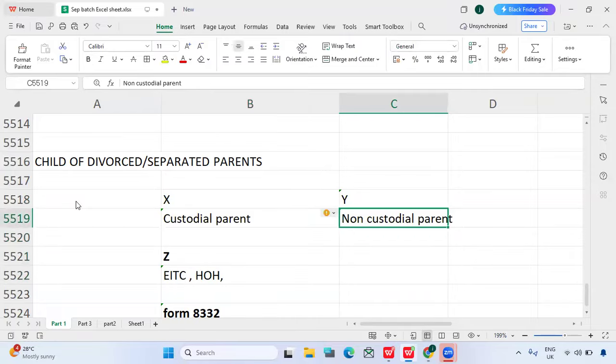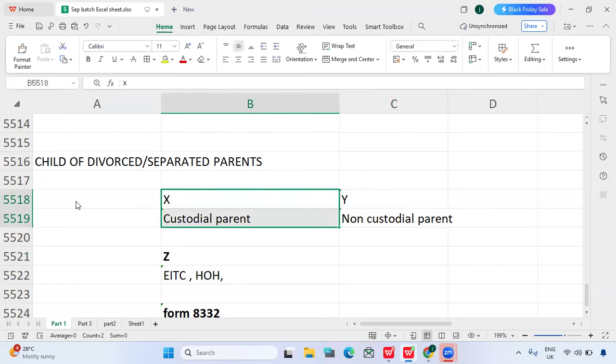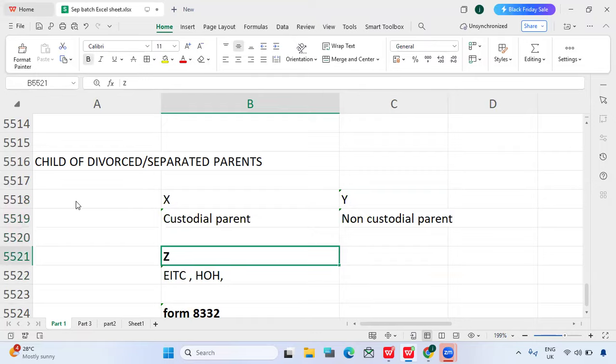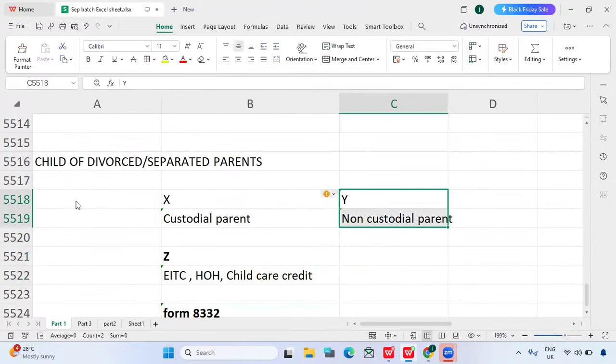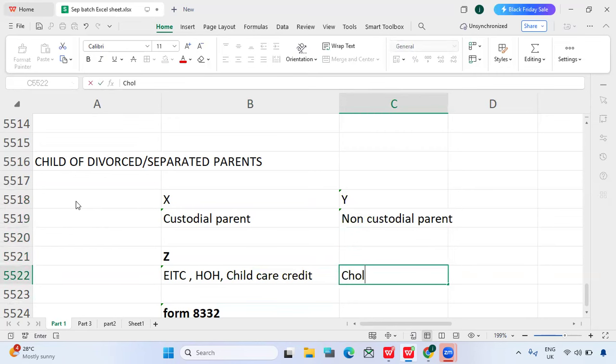So why can't Y file HOH? No, because he is the non-custodial parent. He just got the dependent because X released the claim, right? But he cannot claim HOH. But what is the advantage in the case of custodial and non-custodial parents? Since X released the claim with Form 8332, Y can claim the child tax credit.